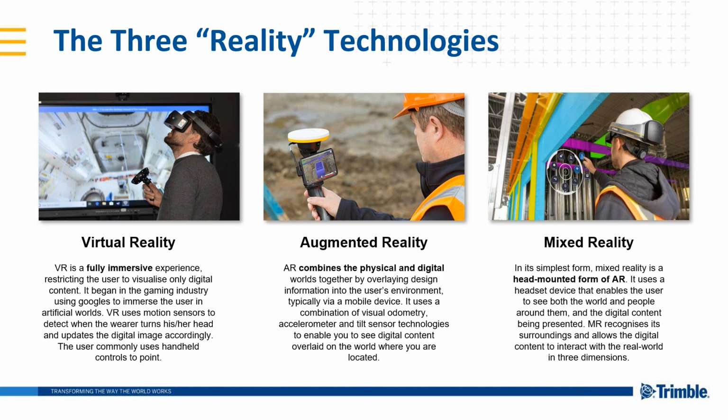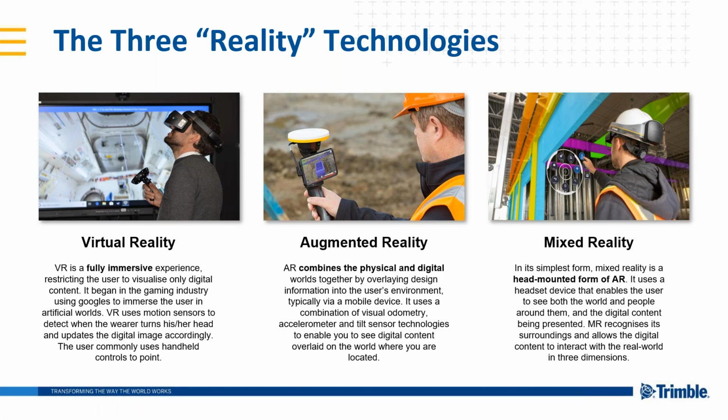It comes from the gaming industry, mostly. The distinction with virtual reality is that it's fully immersive and the user is restricted to only the digital content. It takes them into a completely different world, and their physical location, whether it be in your lounge room or your office, doesn't make a lot of difference.